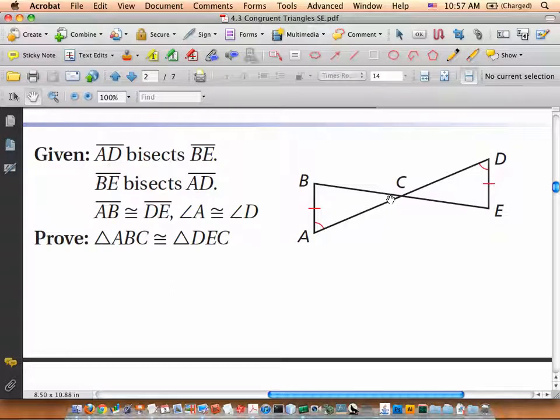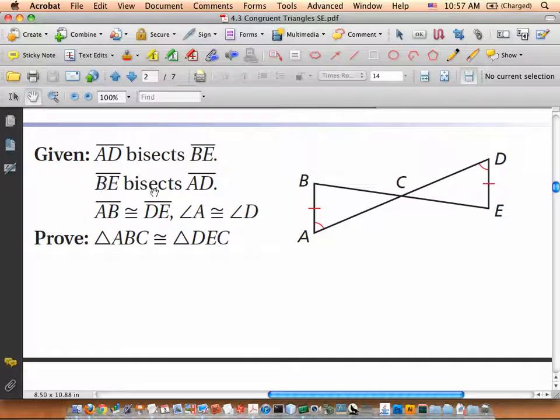Done with that one. How can I show that BC is congruent to EC? Why are they congruent? Same thing again, right here.